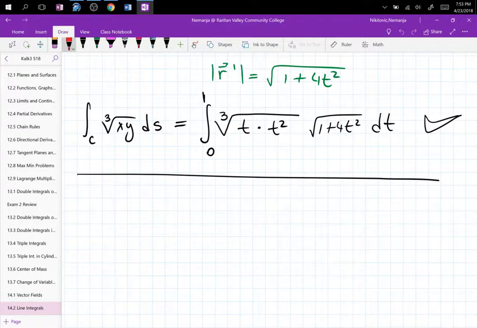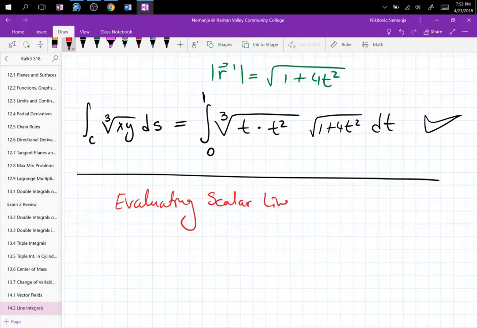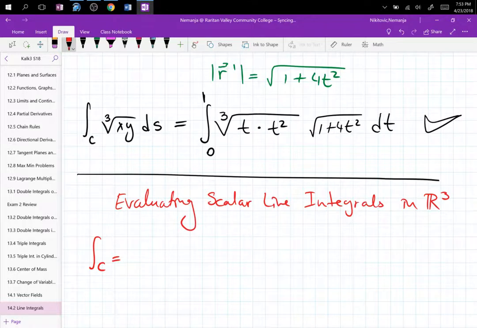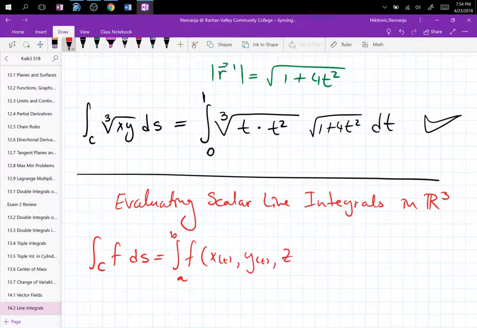So our integral of f ds is equal to the integral from a to b, and now you have your f in terms of x of t, y of t, z of t, everything multiplied by the magnitude of r prime of t, which is a vector, and times dt at the end.